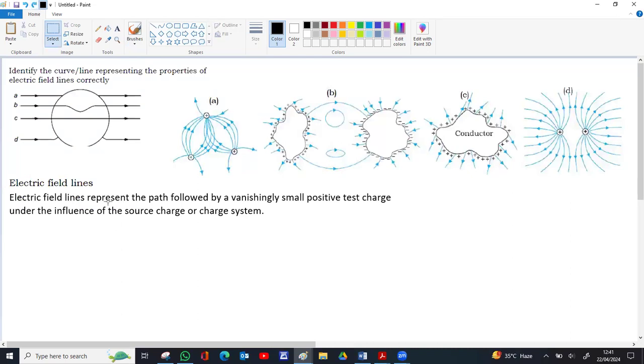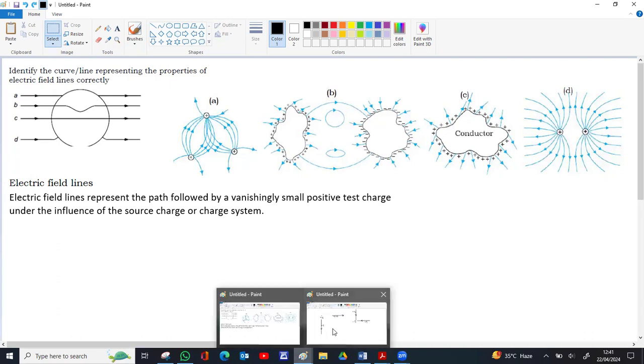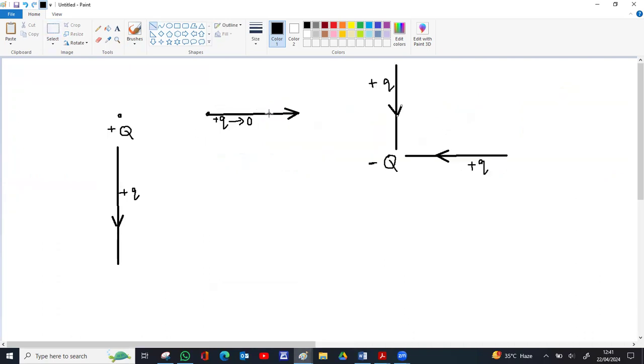Now we have to learn some properties. From the last diagram itself, it's clear. The direction of electric field lines is outwards, away from a positive charge, and towards a negative charge.